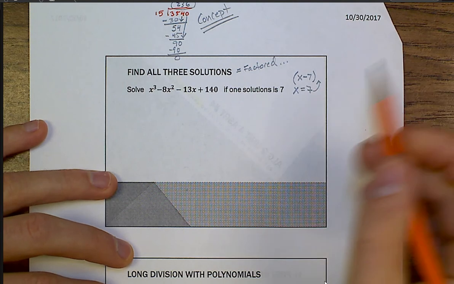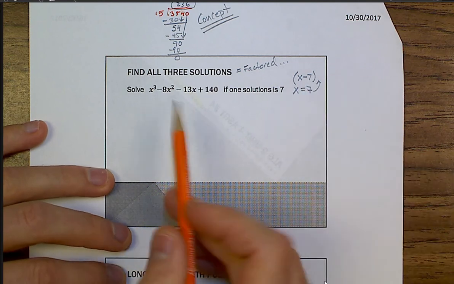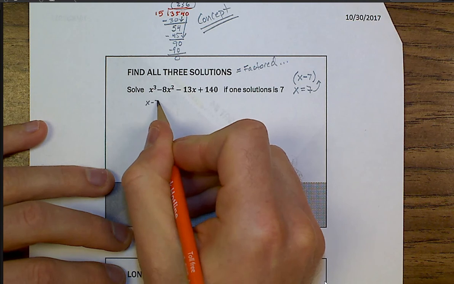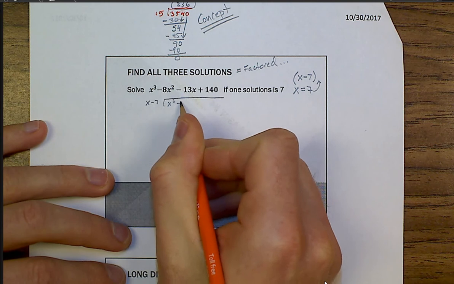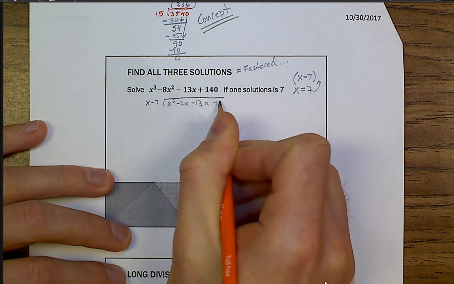The reason that's important is that we need to use this x minus 7 as a factor to do long division within this problem. So this is what it looks like. We're going to go x minus 7, and then we put the x to the 3rd minus 2x squared minus 13x plus 140.